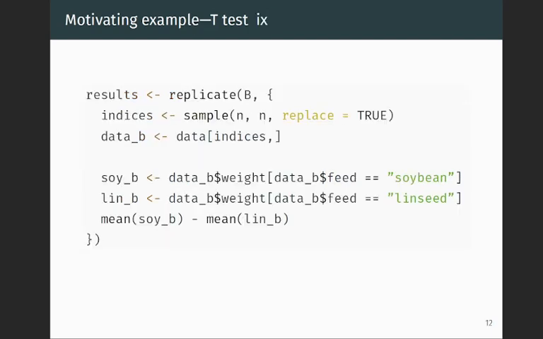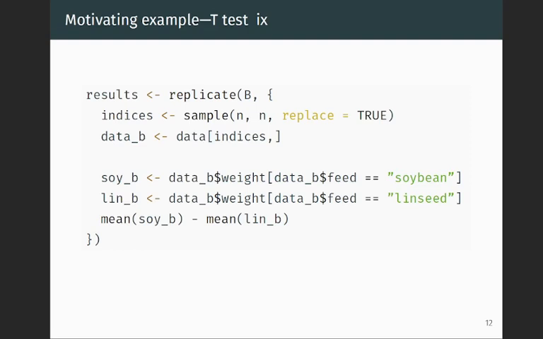And next I can do the bootstrap resampling. Very similarly to what we've done before, first I'm resampling indices with replacement. Next I'm creating my bootstrap sample data_b as data[indices, ]. Next, I'm extracting the weight values corresponding to soybean and linseed.